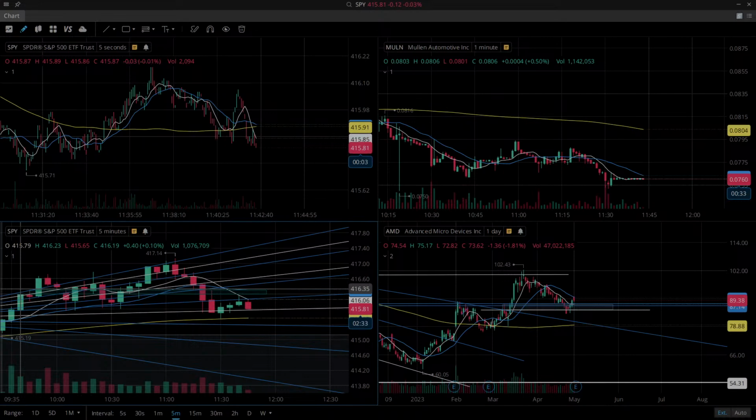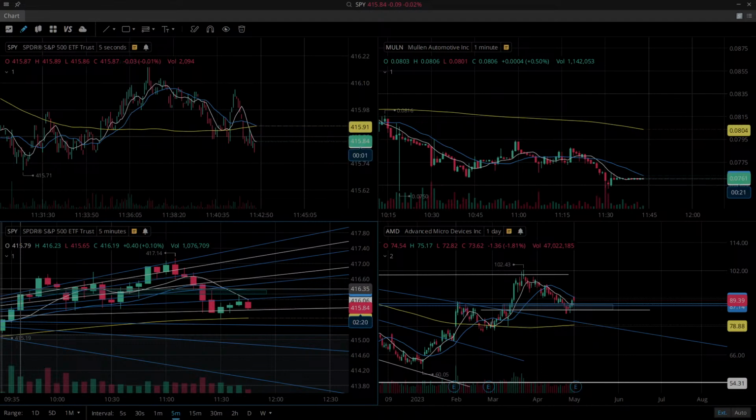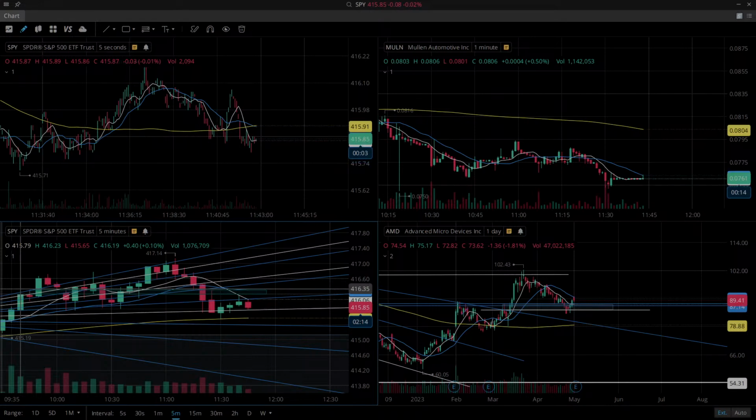I got like half of that little arc there, but I'm staying out of it until the break. I'm just making little pops here and there, nothing really big.